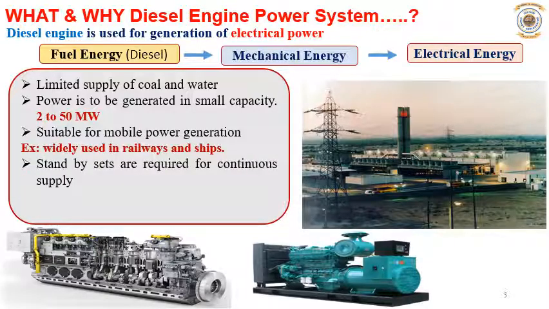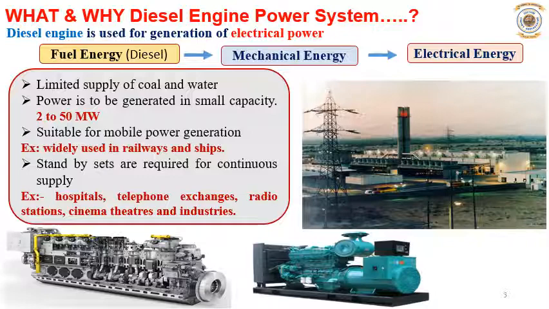Or this diesel engine power system is also used as a standby set where continuous power supply is required. In peak load condition, if power failure happens due to various reasons, the industry or the plant will shut down. So in order to avoid such a problem, we have to install a diesel engine power system as a standby set.